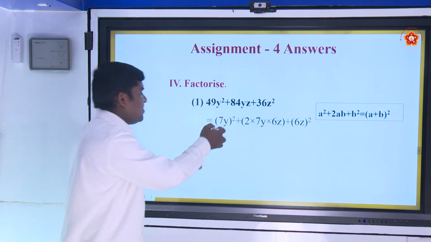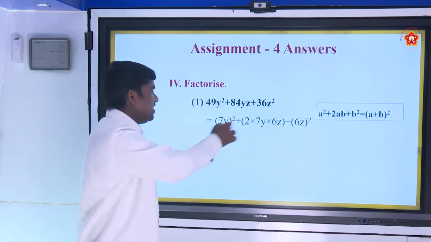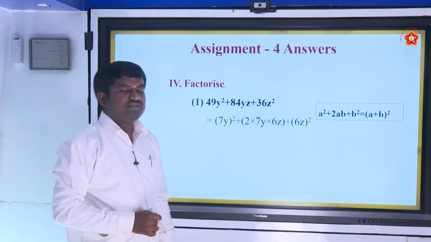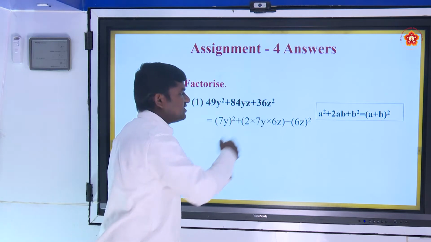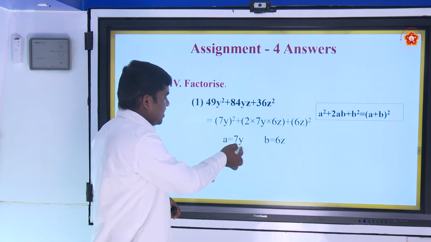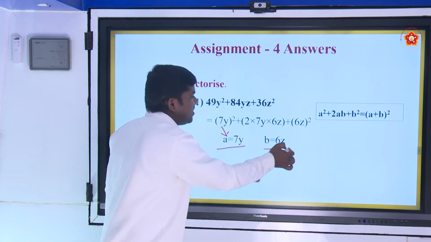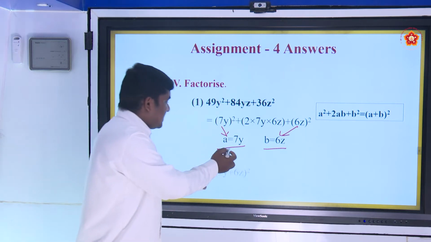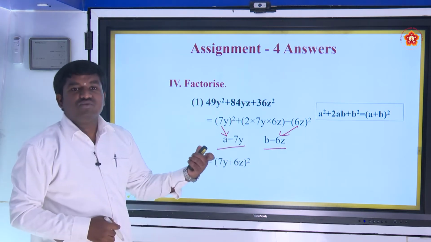See this, (7y) whole square plus 2 into 7y into 6z plus (6z) whole square. This is in the form of a square plus 2ab plus b square. Apply a and b value. A value is 7y, b value is 6z. So (a plus b) whole square means (7y plus 6z) whole square.